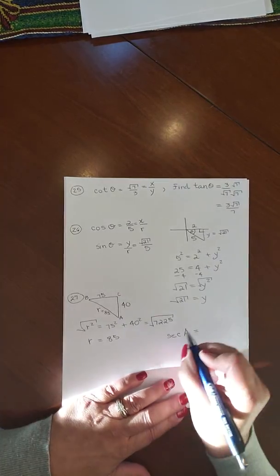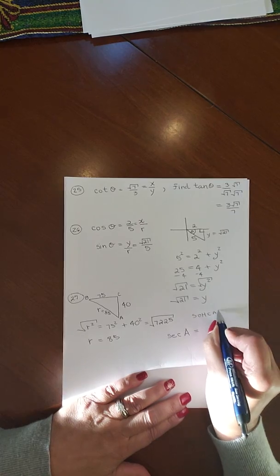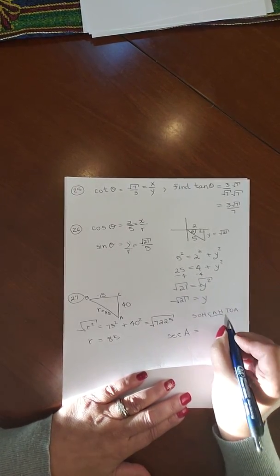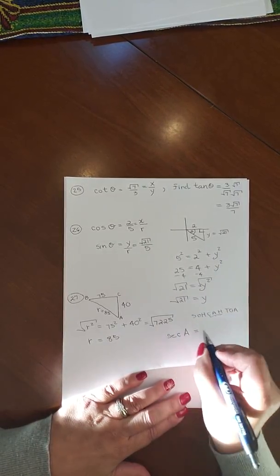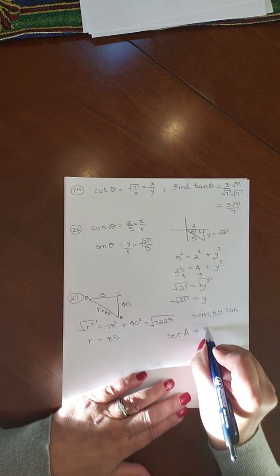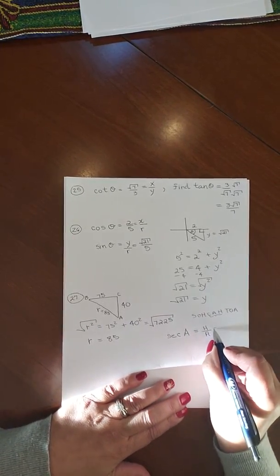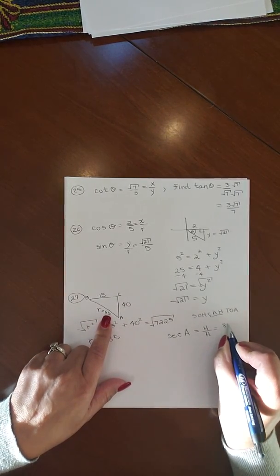Cosine, according to SOHCAHTOA, is adjacent over hypotenuse. But this is the reciprocal of that, so it's going to be, instead of adjacent over hypotenuse, hypotenuse over adjacent. So hypotenuse is 85.